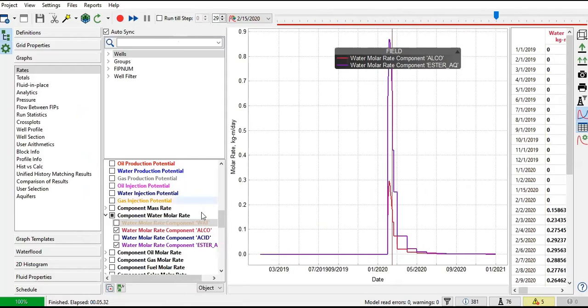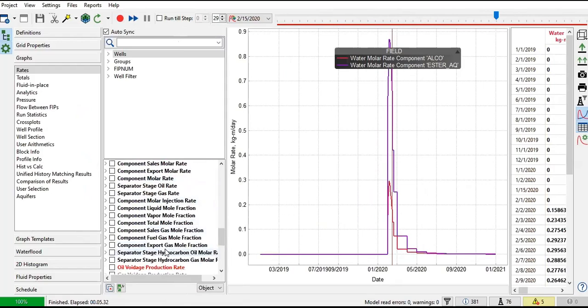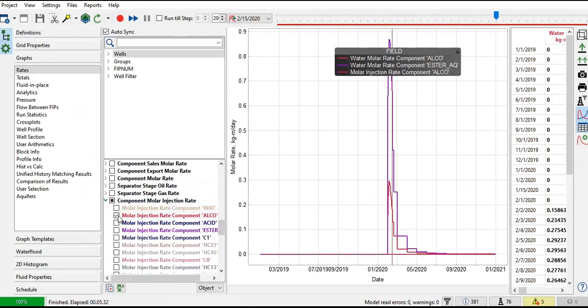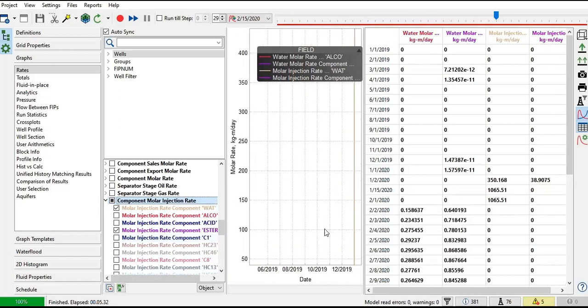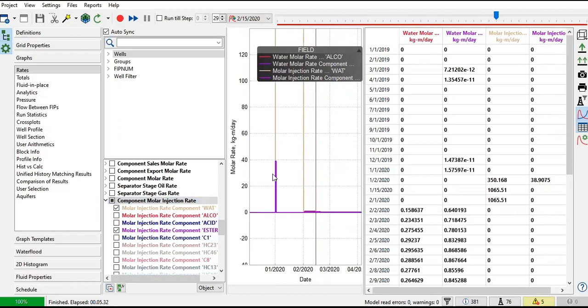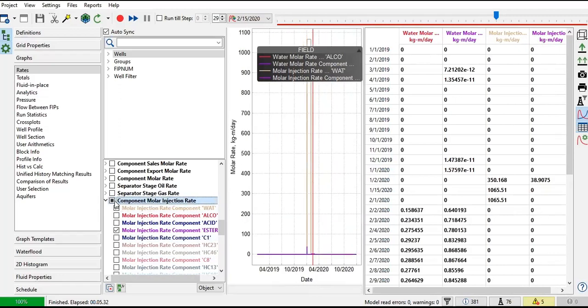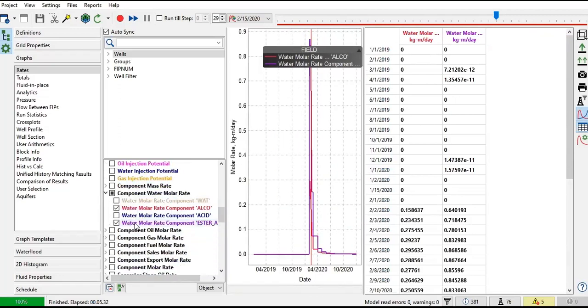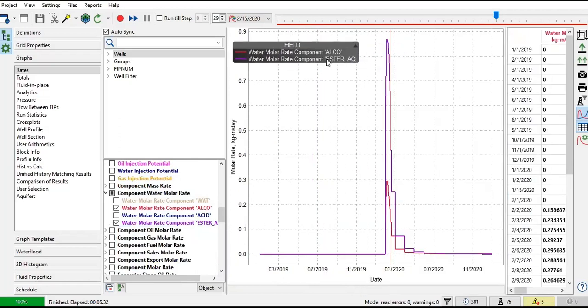Okay. And what about molar injection rate? Yeah, I think this one. But that's not the main thing. Actually, we can again calculate the residual oil saturation from this, the gap between the two peaks.